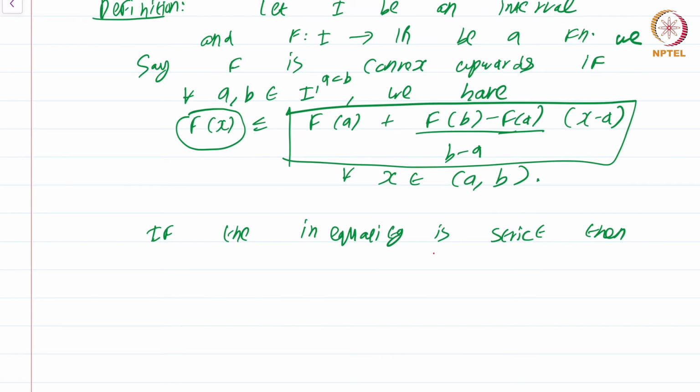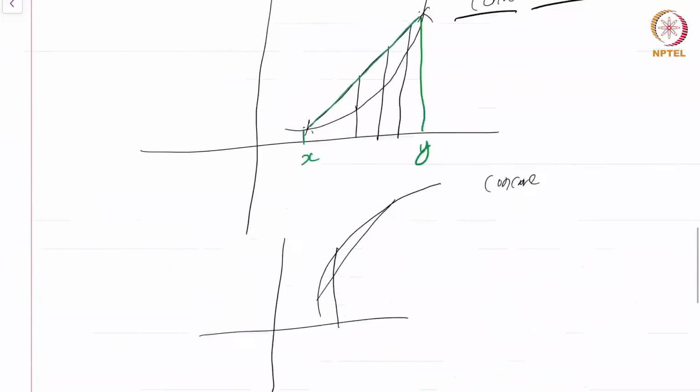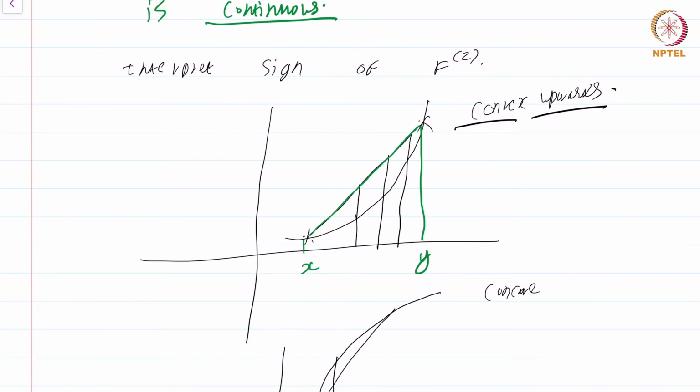If the inequality is strict, then we say strictly convex upwards. So now let's prove a theorem that relates this notion of convex upwards with the second derivative. Let's see the picture again.